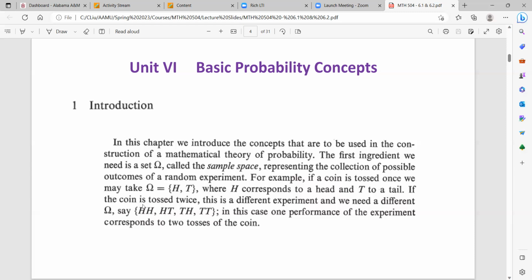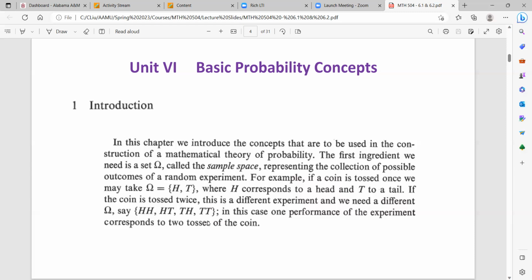HH means you get head in the first toss and also head in the second toss. HT means you get head in the first try and tail in the second try. TH means you get tail in the first try and head in the second try. And TT means you get tail in both tries. Each element includes a series of 2 tries, so that's just one element in this set.